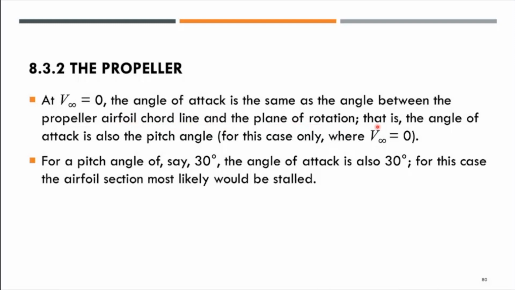And that is, the angle of attack is also the pitch angle, for this case only, where V infinity of free stream equals 0. For a pitch angle of say 30 degrees, the angle of attack is also 30 degrees. For this case, the airfoil section most likely would be stalled.